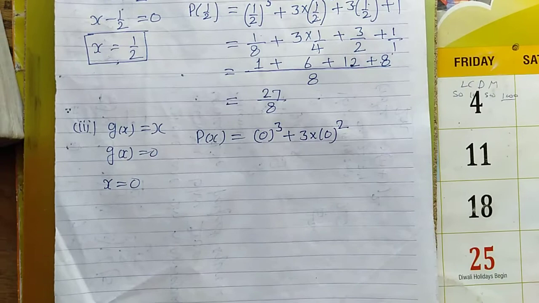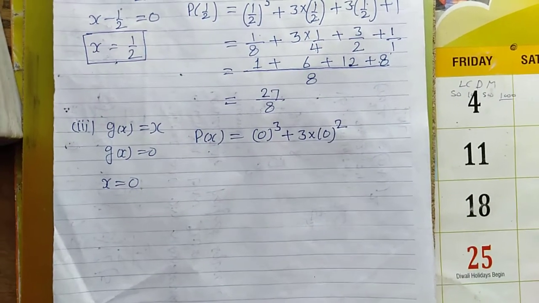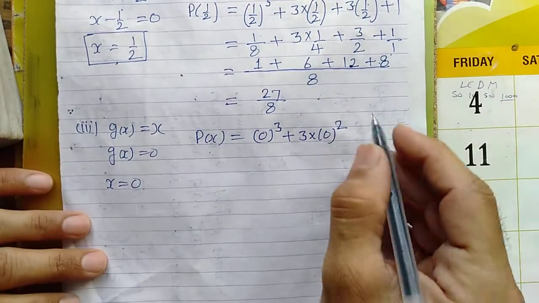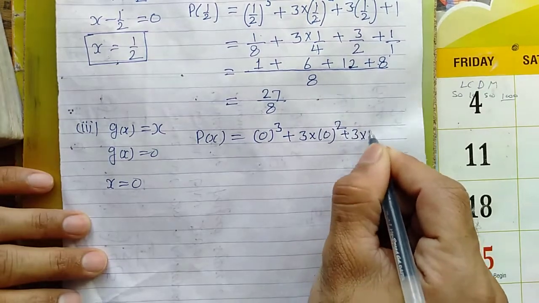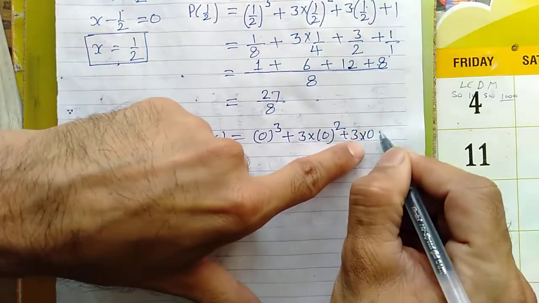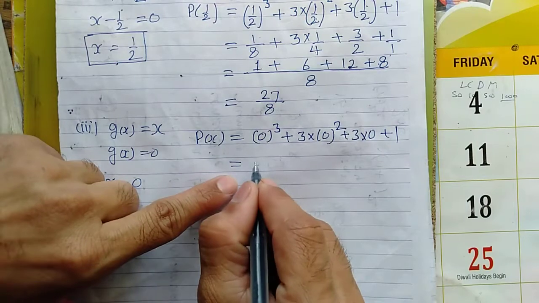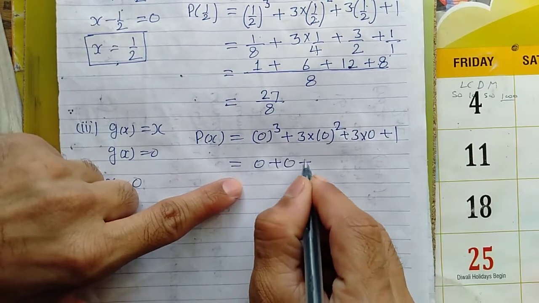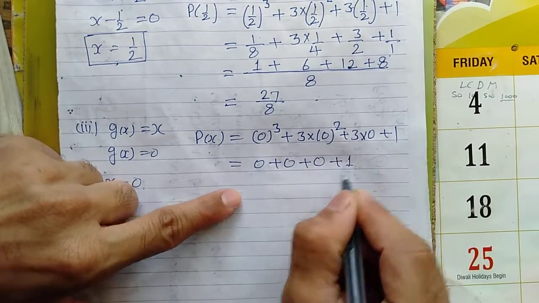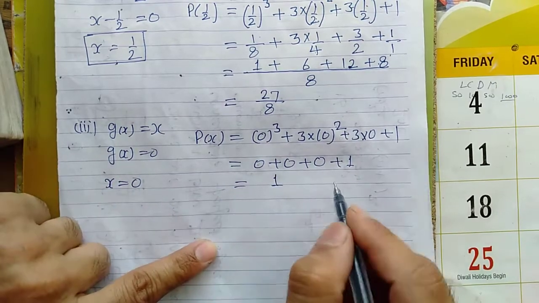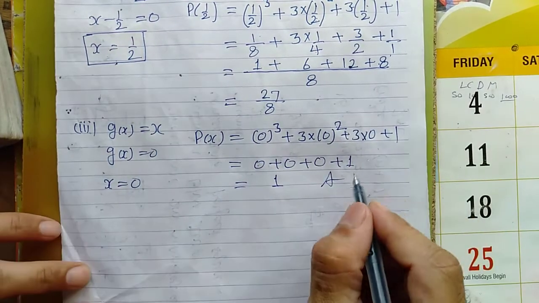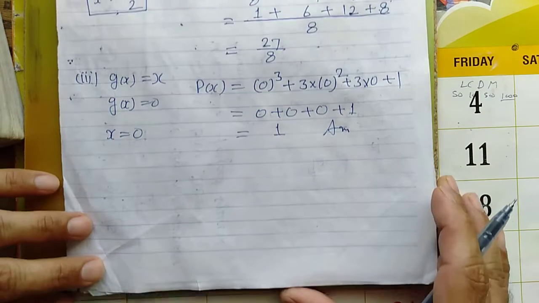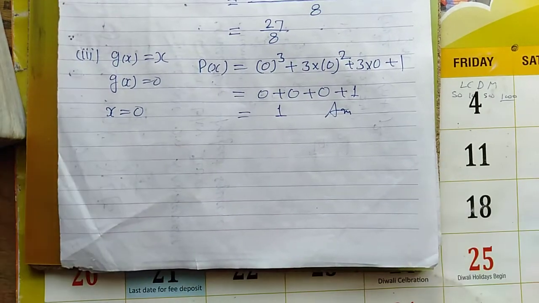I am just replacing the value, see it carefully, 0 square and plus 3 multiplied by 0 and plus 1. So this will be equal to 0 plus 0 plus 0 plus 1. So the remainder will be 1, right? So like this we can find the remainder of all questions.